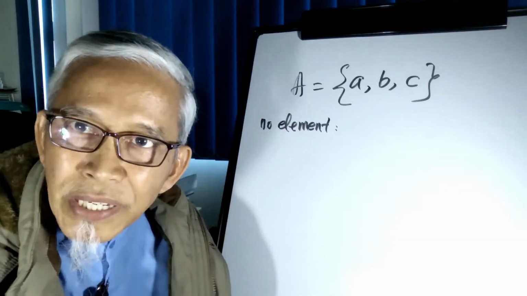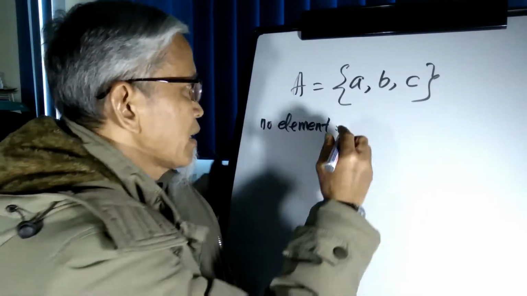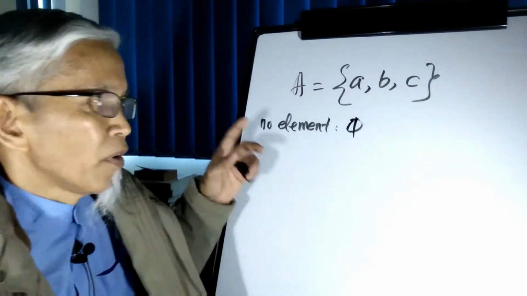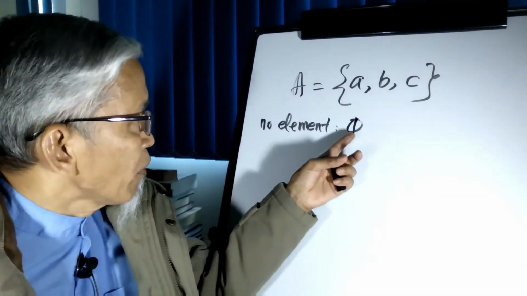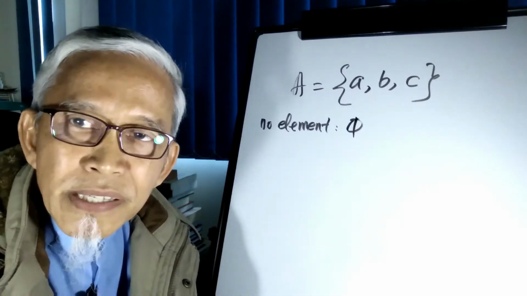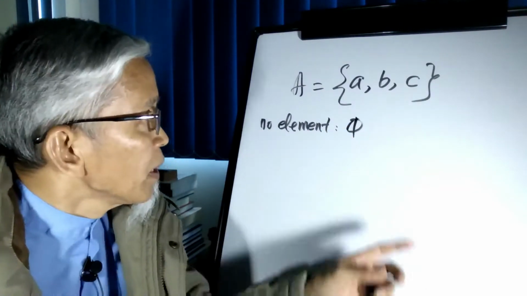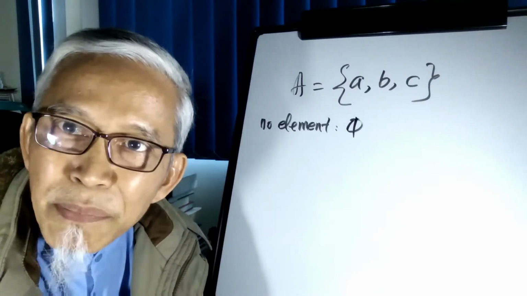Remember how we write the empty set? We write it like this, or we can write an open curly bracket and close it. With no element, we have only this set, the empty set. Now, do we have subsets of A with only 1 element?